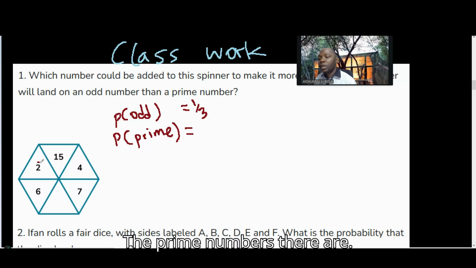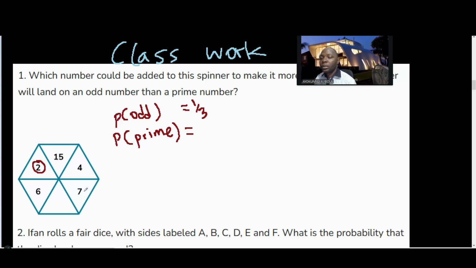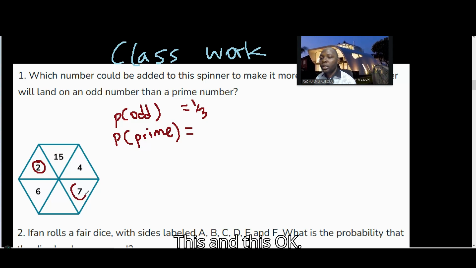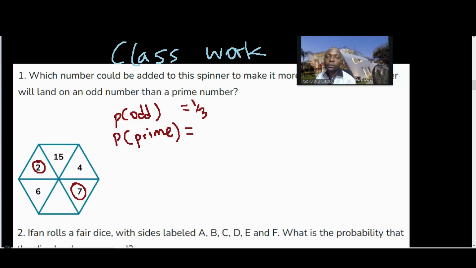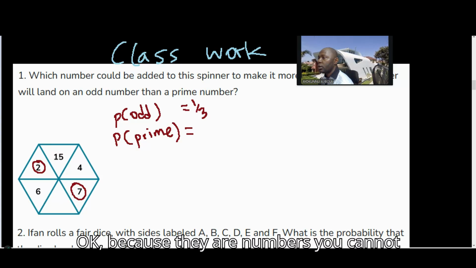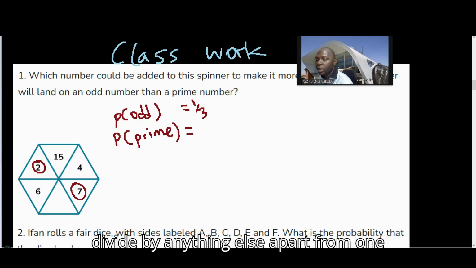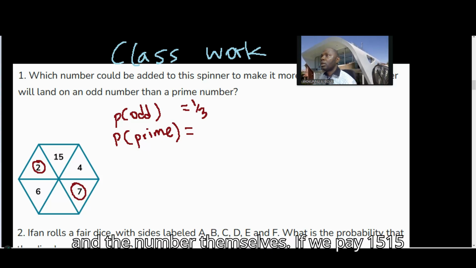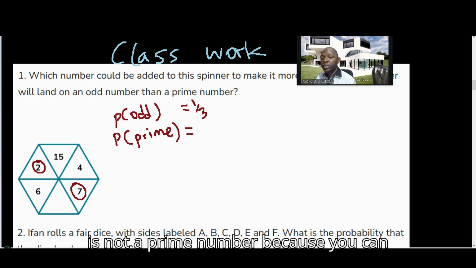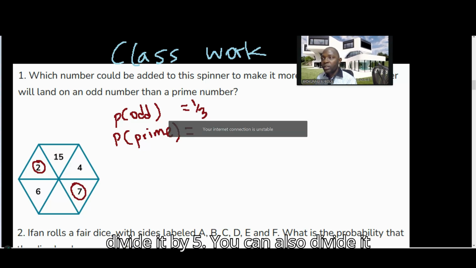The prime numbers there are this and this. They are numbers you cannot divide by anything else apart from one and the number themselves. If we pick 15, 15 is not a prime number because you can divide it by 5. You can also divide it by 3. Exactly.